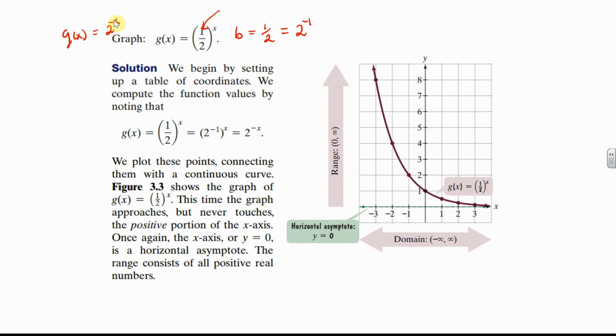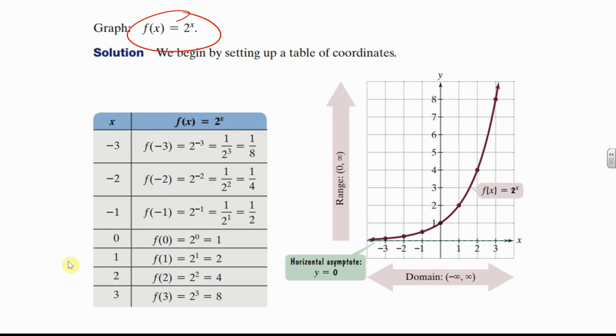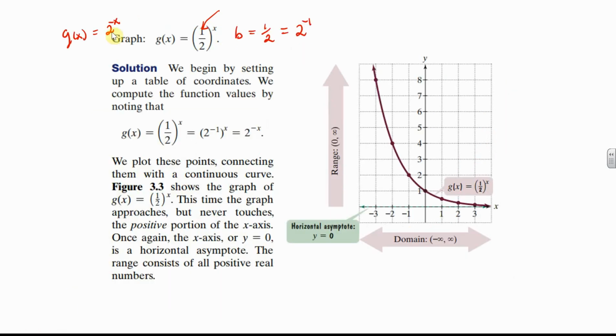So what that does is kind of reverse the graph from 2 to the x. Here you've got 2 to the x. See how this graph is going this way. And then over here, we basically get 2 to the negative x, and this graph is, I suppose you could say, symmetric there.